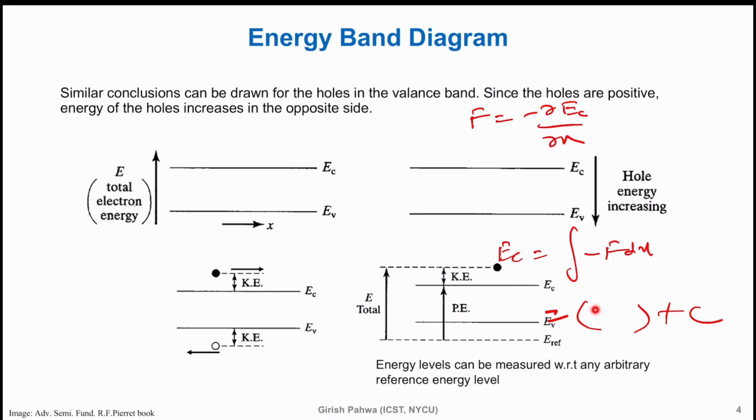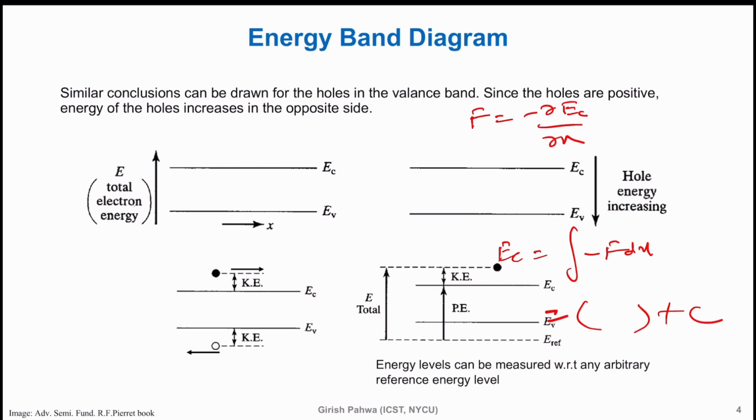They are for convenience taken as the reference points. Now it is not that you have to take only the neutral regions as the reference energy. You can take any, but it's just for convenience. So there will be some reference energy level, which can be any energy at any particular point.